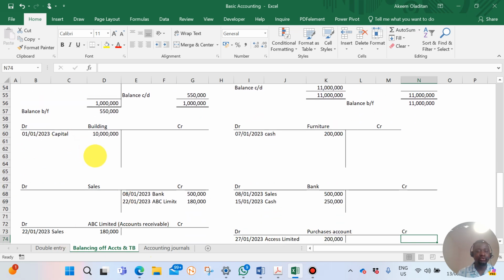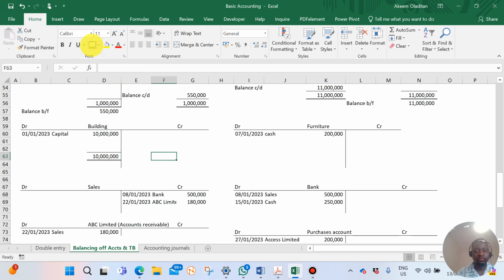So let's go to the building account. We have a transaction on only one side, which is the debit side, and we do the same on the credit side, and the balance will be $10 million. Then your balance carried down will be here.